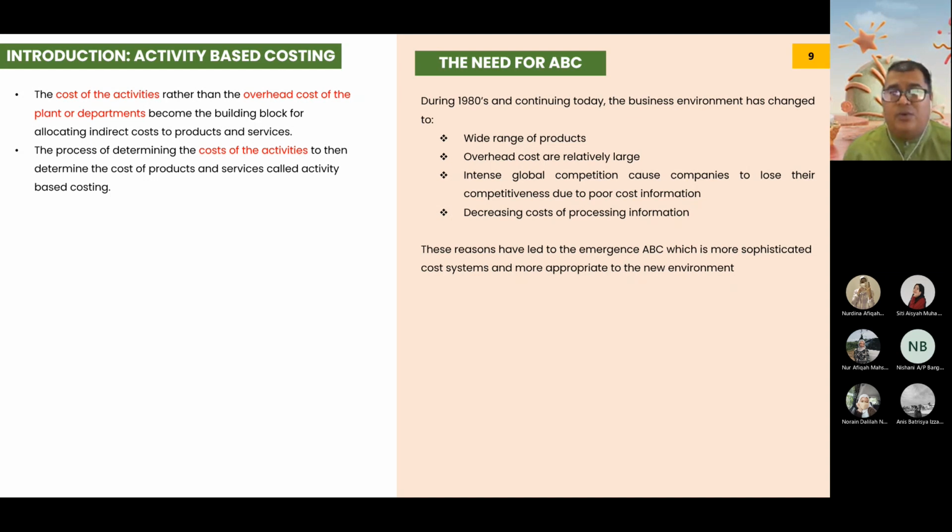Proton pun sama, kita ada wide range of product. Kita ada Proton Iris, kita ada Proton Persona, kita ada Proton X50, X70, and Perdana. For example, there are five product. And then the product tu ada wide range.